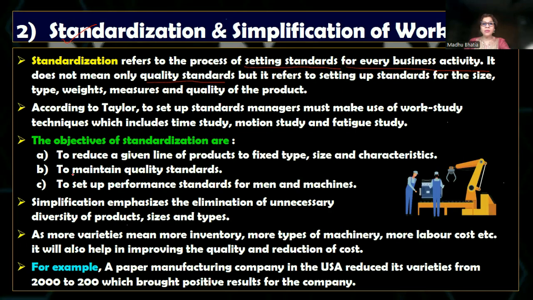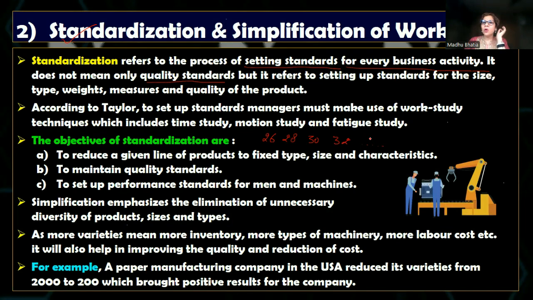अब यहाँ पे ये important है, ये 3 लाइंस जो आपको दी है कि स्टैंडर्डाइजेशन का पर्पस क्या, ऑब्जेक्टिव क्या है. सो 1, to reduce a given line of products to fixed type, sizes and characteristics. Now here I'll give you an example. When you go to buy ready-made garments, you get it in sizes 26, 28, 30, 32 and so on and so forth. Now let's say my waist size, for example, is let's say 33.